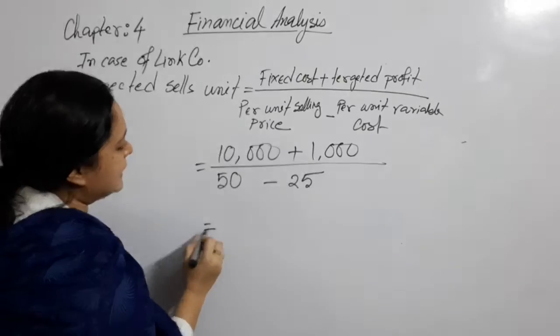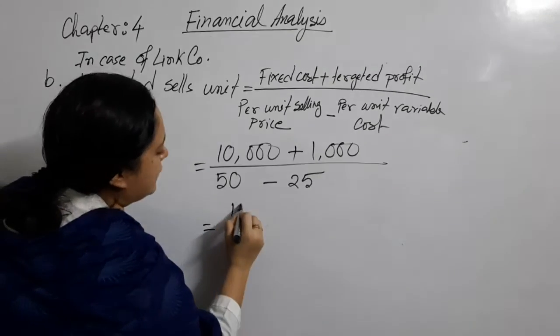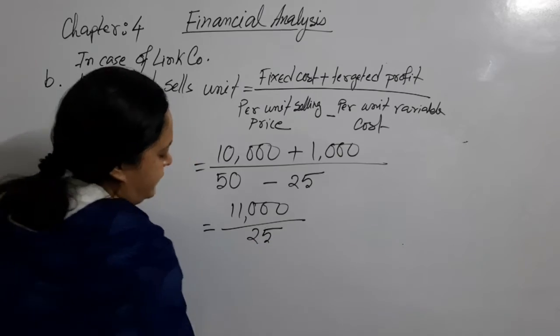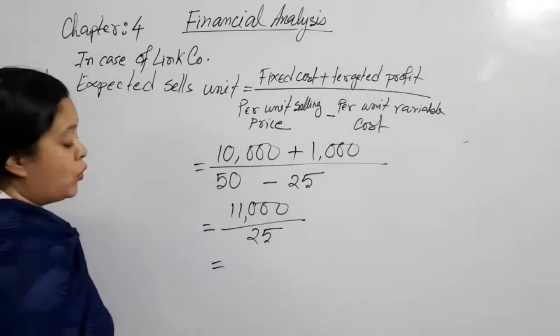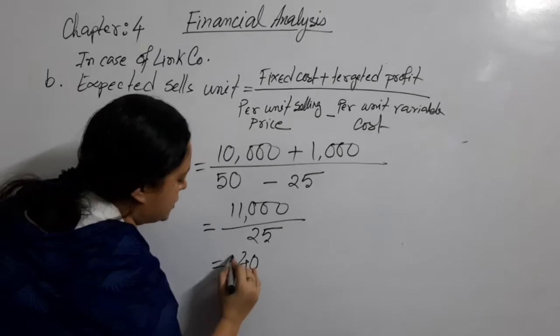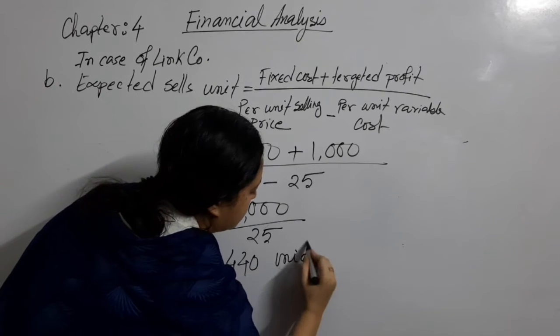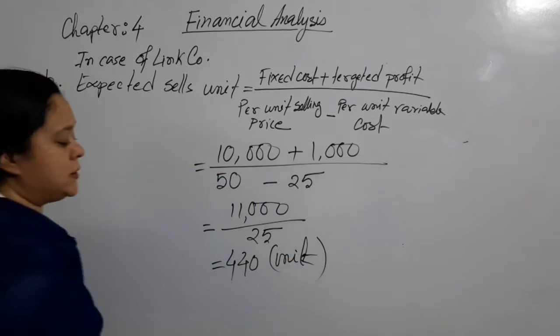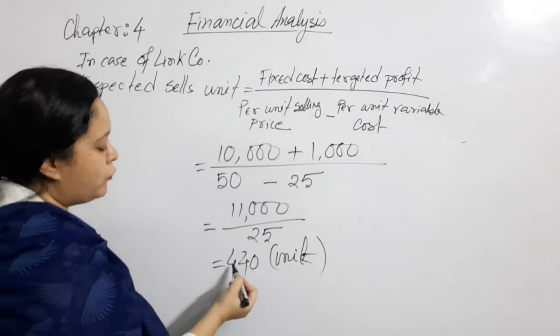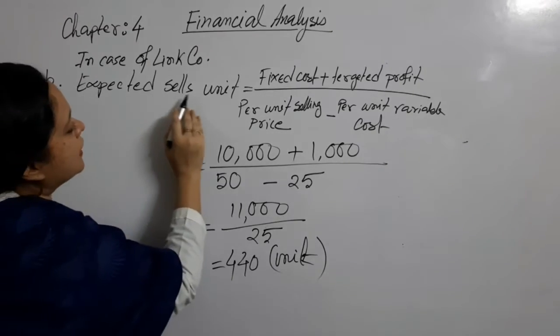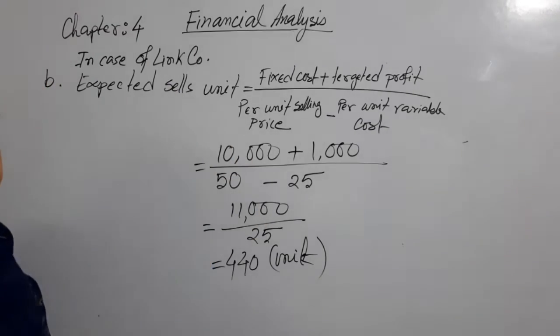So here the result is 11,000 divided by 25, and the result is 440 units or pieces. Both are same, unit or pieces. 440 units is the expected sales unit of Link Company.